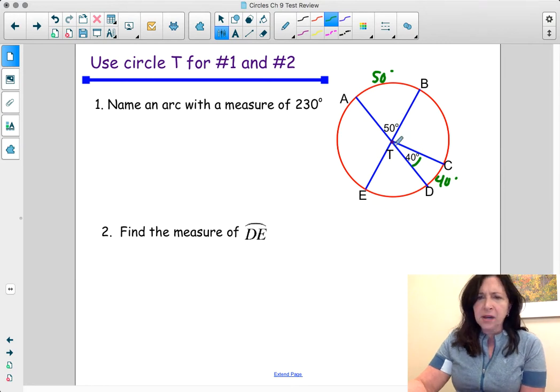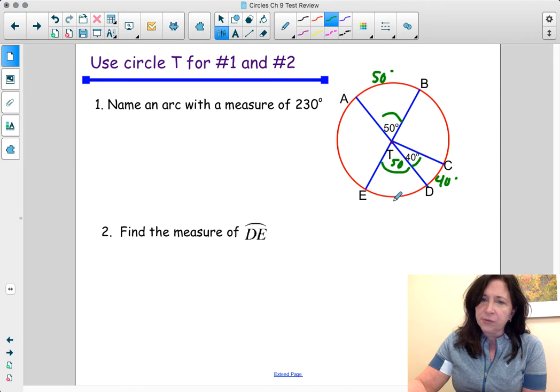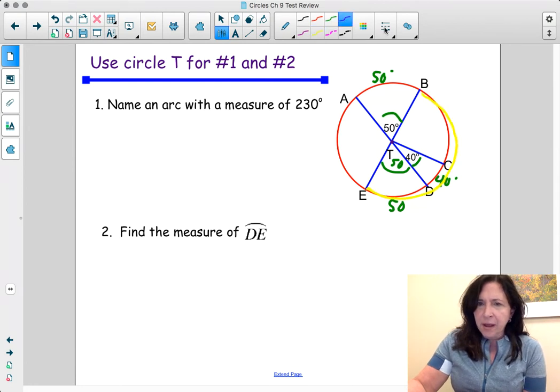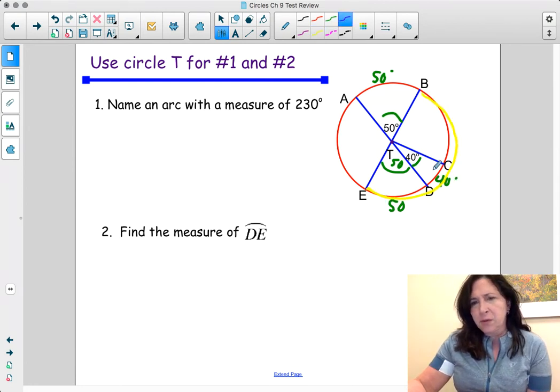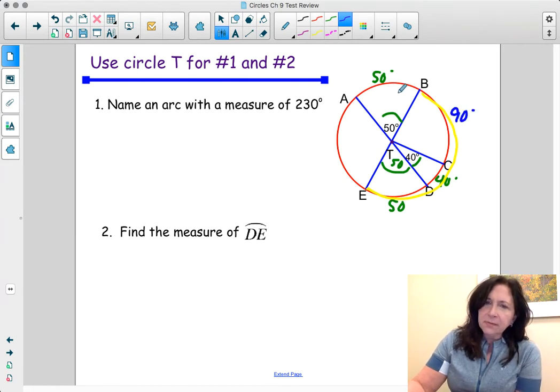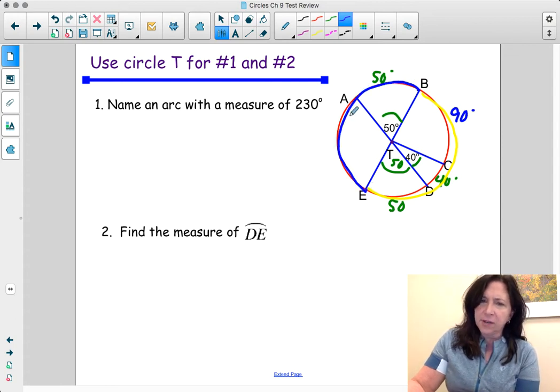We recognize that this angle and this angle are vertical angles, so those are 50, which makes that 50. Halfway around the circle, from here to here, we call that a semicircle, remember? That's 50 plus 40, which is 90, which would make that 90 degrees here. And if this is also 180 degrees and that's 50, that would make this 130 degrees.